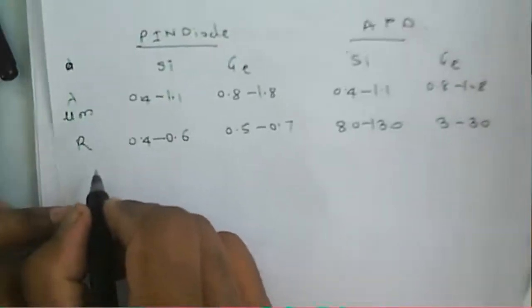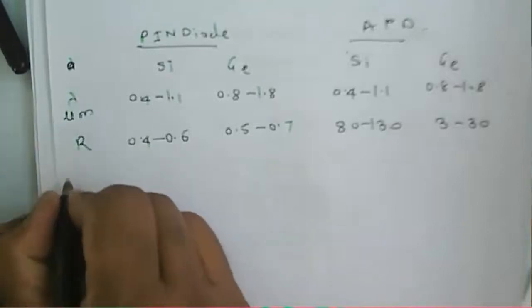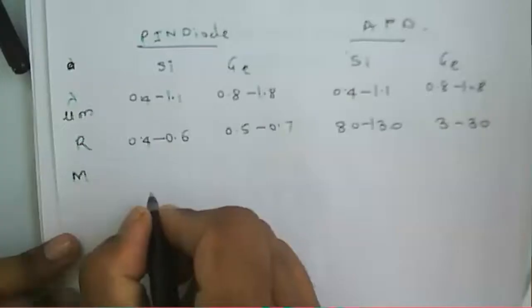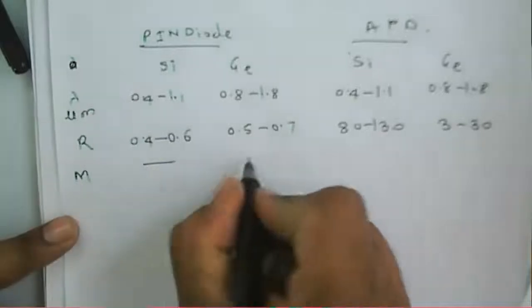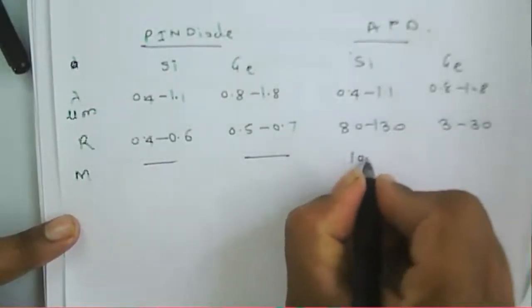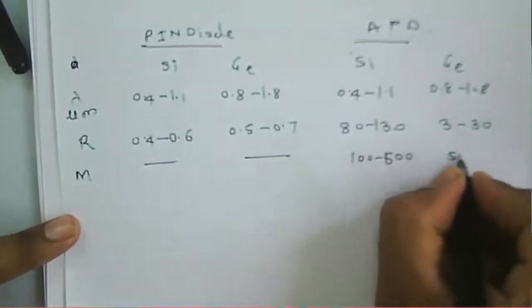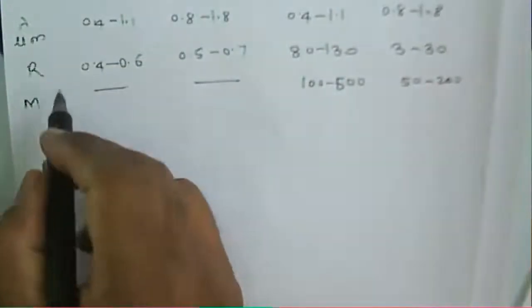That is about the responsivity. And the gain, the avalanche photodiode gain, because the gain is not there for the pin diode, but gain is there for the avalanche photodiode, it is about 100 to 500, and it will be 50 to 200 here. That is the M factor.